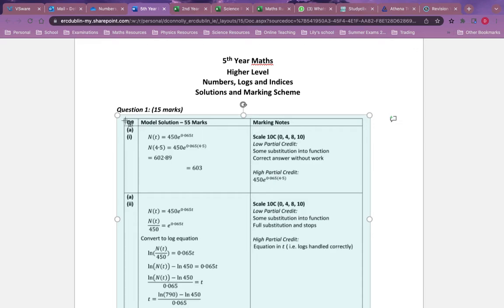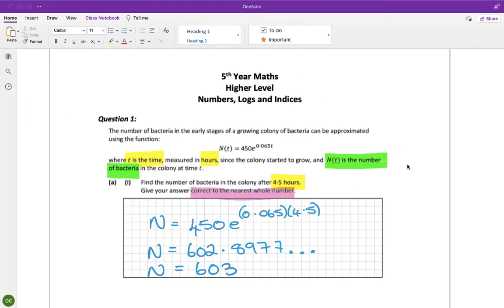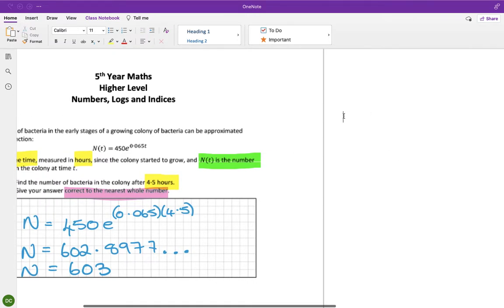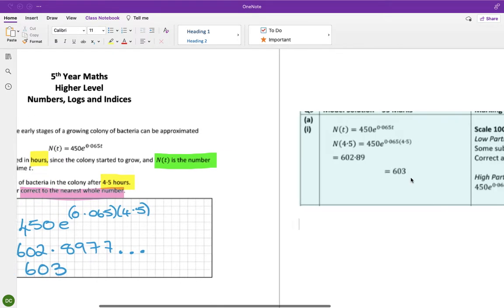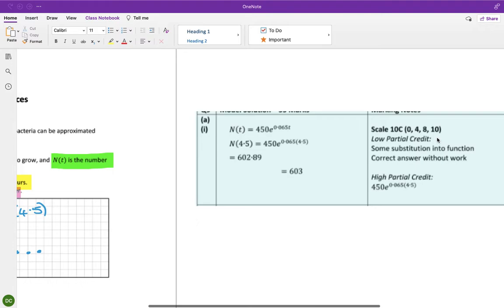Marks for that are here. 603 is right, a good start. It's 10 marks in total, and the low partial credit in this question is 4, for some substitution into the function and a correct answer without showing work. So if you do it all in your calculator and just write down 603, you can only get 4.